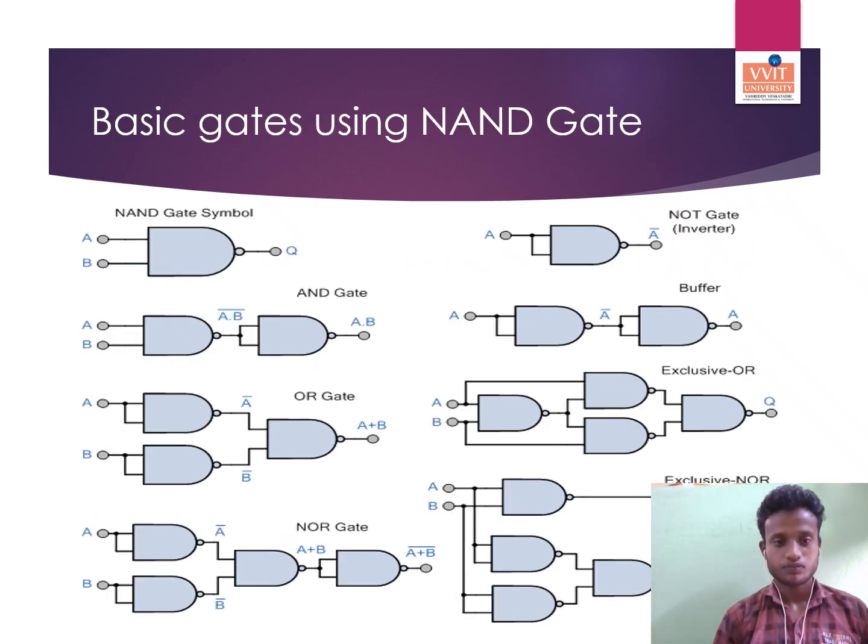See the circuit diagrams or logic diagrams. What is this? NAND gate symbol. Basic logic gates by using the NAND gate. If A and B, output is how much? A and B, whole bar. NAND gate.